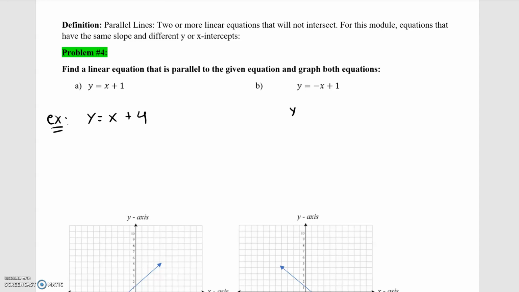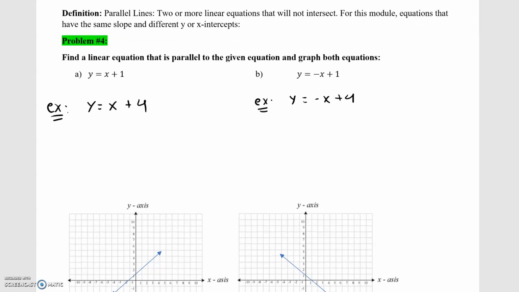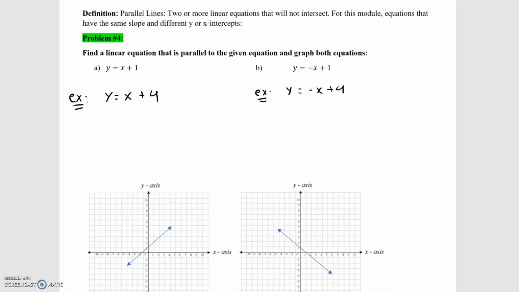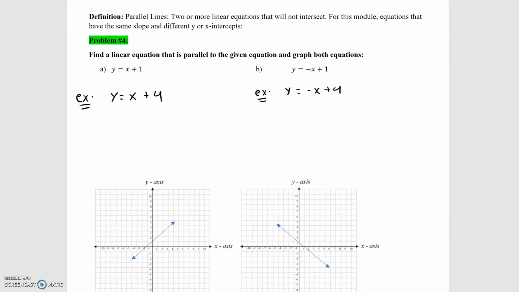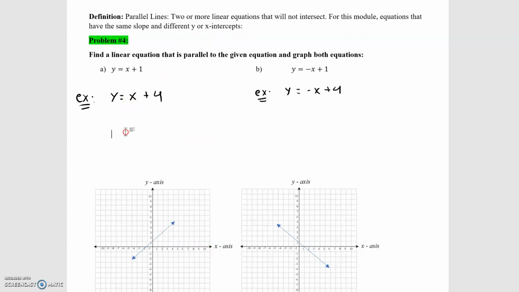For the second one, we could say y is equal to -x and then also +4. Now, the main objective here is that your lines are not intersecting. So when we talk about the sketches, they already provide us with the sketch of the first one. So let me just copy this line.